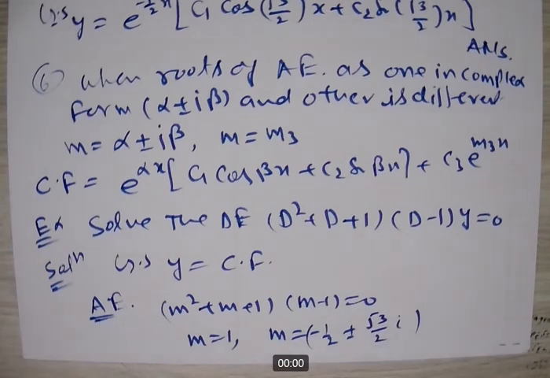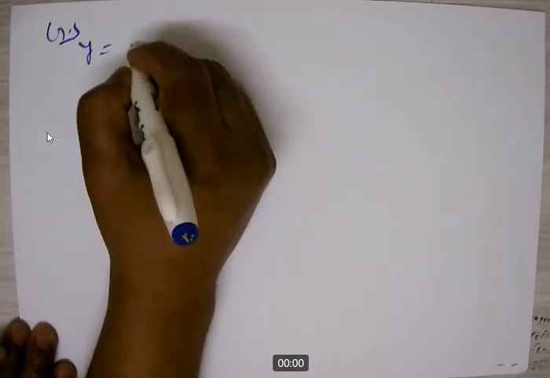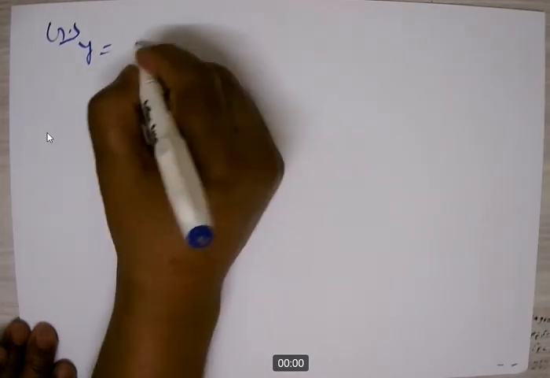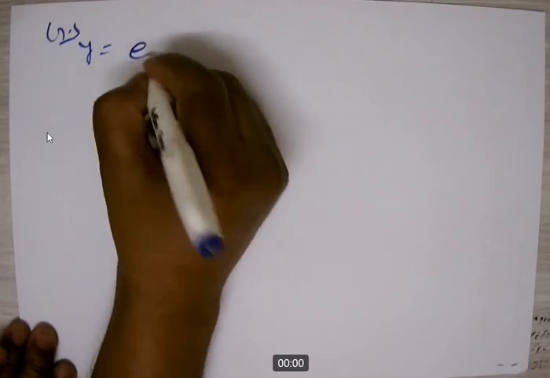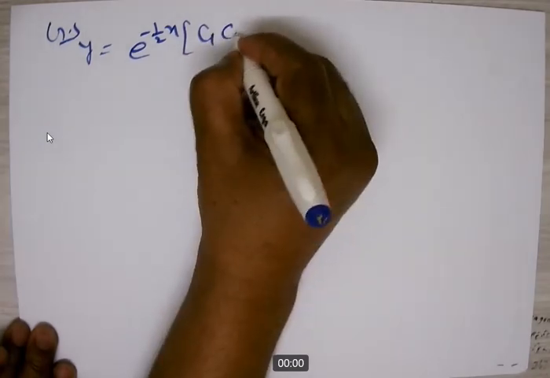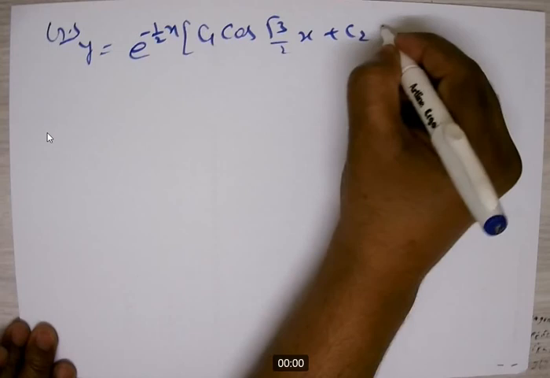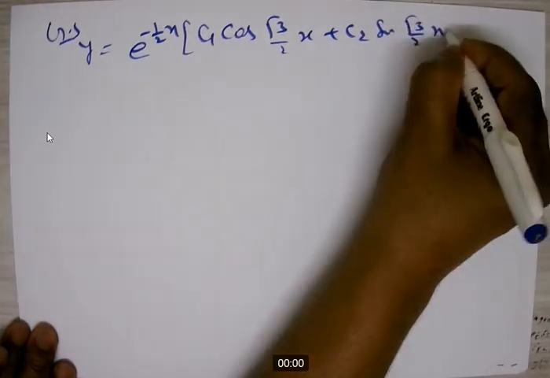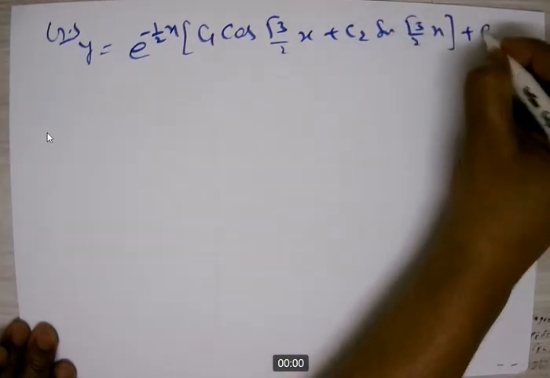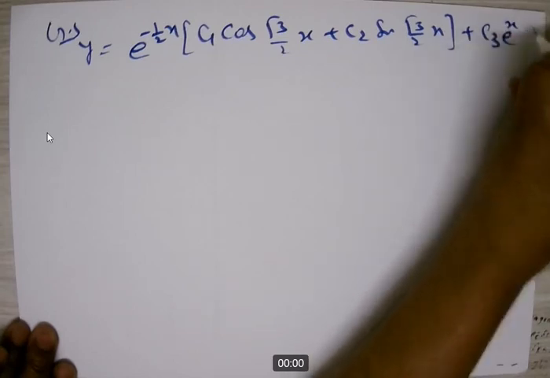So how can we write the general solution? Because two roots are in complex form, e^(−1/2 x) [c1 cos(√3/2 x) + c2 sin(√3/2 x)], plus another root which is different, c3 e^(m3 x), that means c3 e^x.